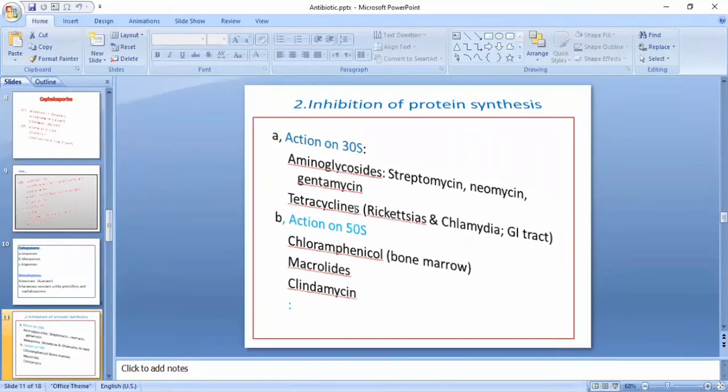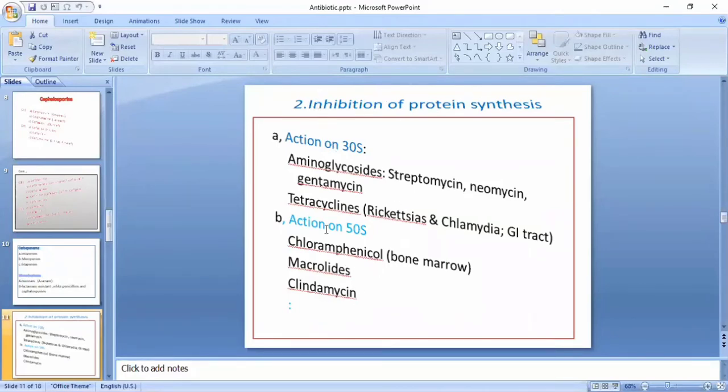So the tetracycline and aminoglycosides act on the 30S subunit, and those which act on the 50S are the chloramphenicol, the macrolides and the clindamycin.